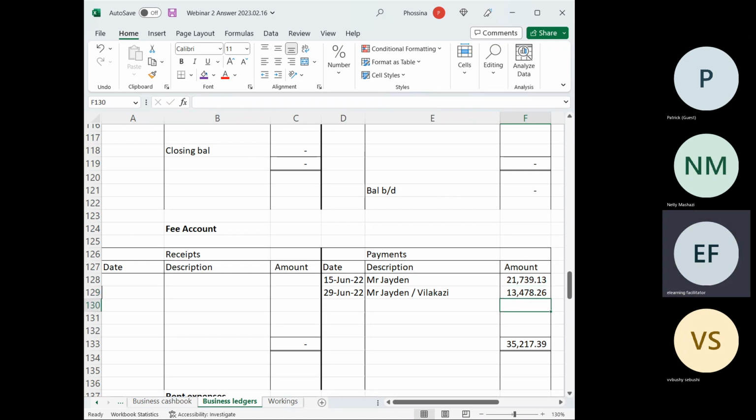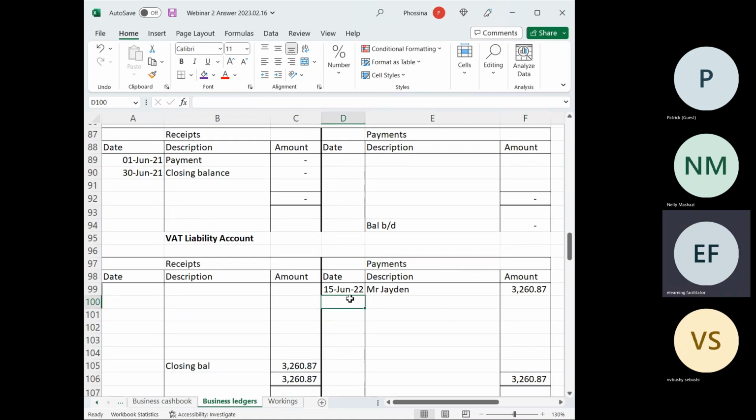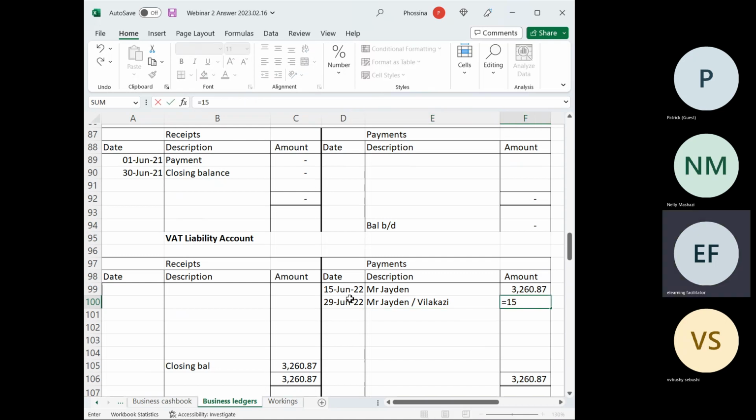That's our fee. And when we are done with our fee, we record the VAT so that we can balance, which is 15,500 multiplied by 15 divided by 115.